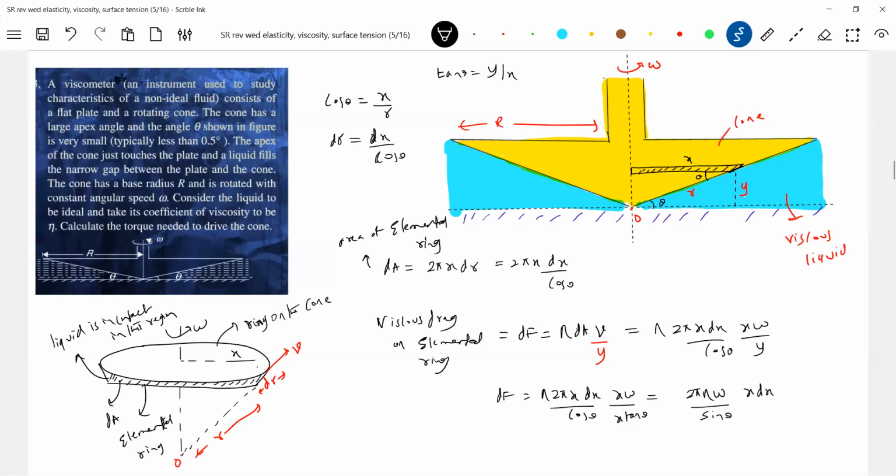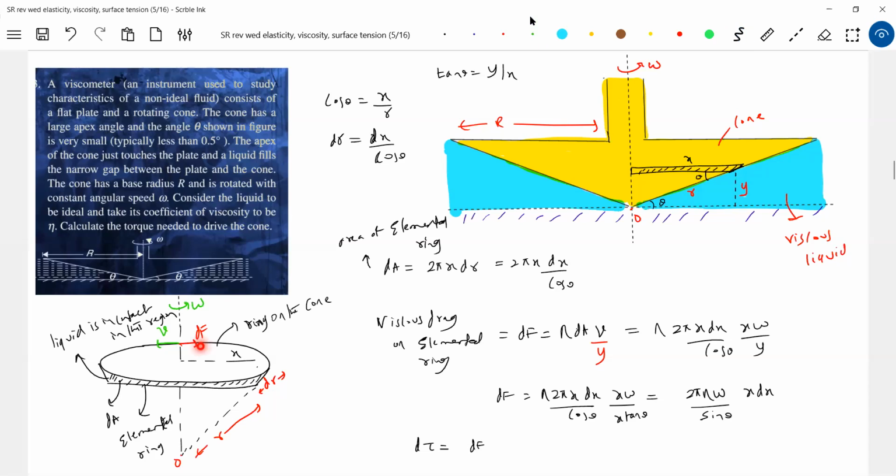So will there be any torque? Yes, there will be torque. So let's go for torque. Torque equals dF into, what shall I write? R into dF, or x into dF? Let me show that. I think I'll bring it here. This will be V, this will be dF, and this is omega.